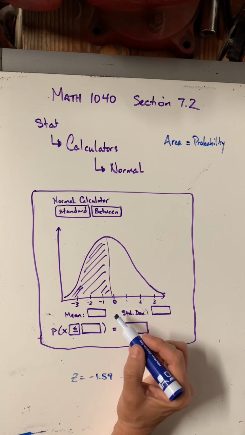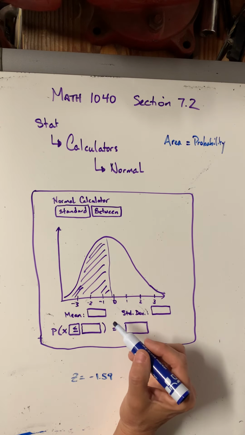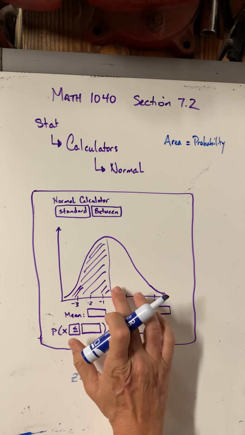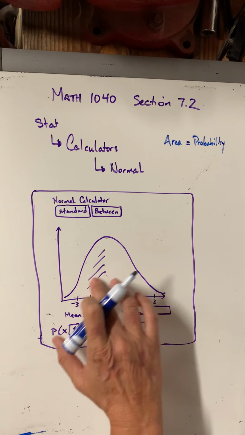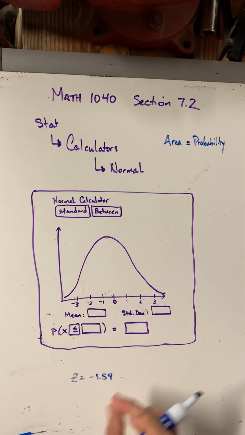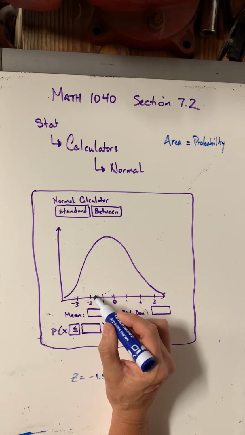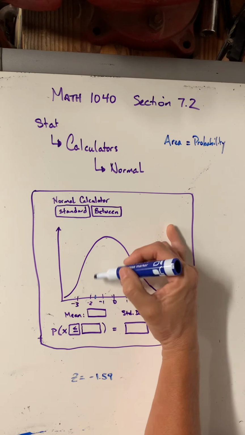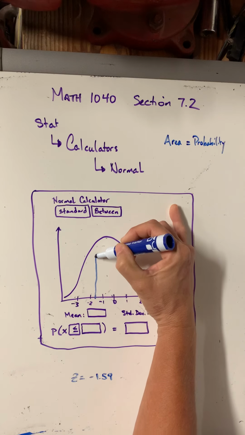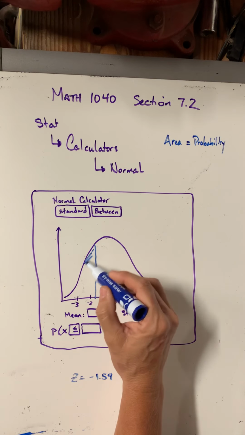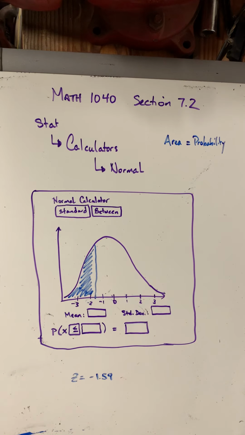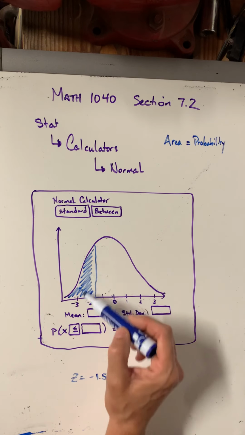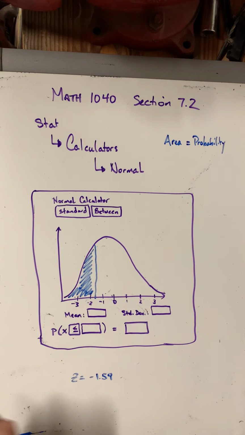If I want to know the area under the standard normal curve that lies to the left of this, first let's think about what that would look like. When z is negative 1.59, I'm going to be somewhere around here. If I drew a line to the top, they want the area under the curve to the left of where z equals that. On your StatCrunch calculator, this is going to be shaded in red.